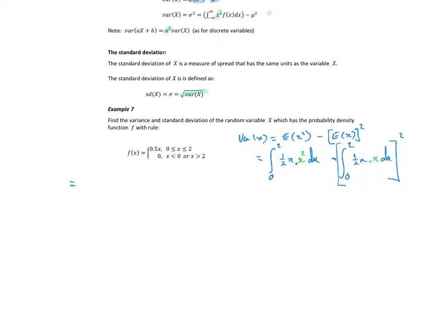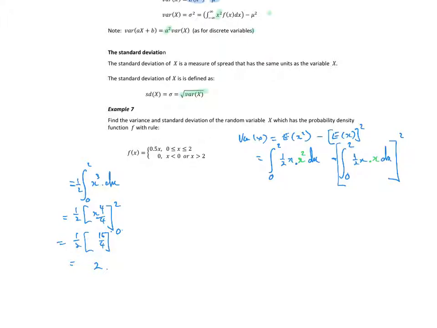So I get the integral between 0 and 2 of a half x cubed dx, which is equal to a half of x to the 4 on 4 between 2 and 0, which is a half of 16 on 4 in total, which is equal to, what's that, 2.